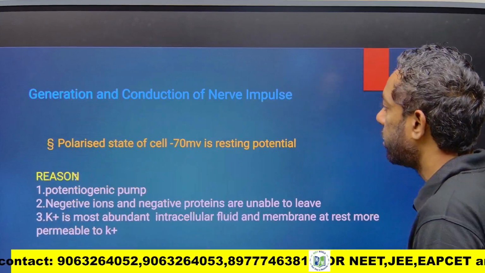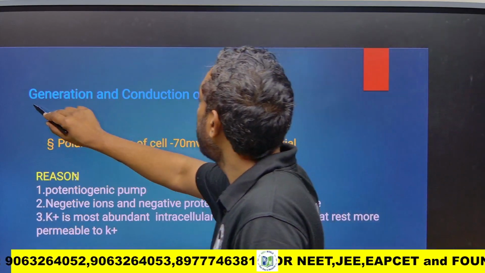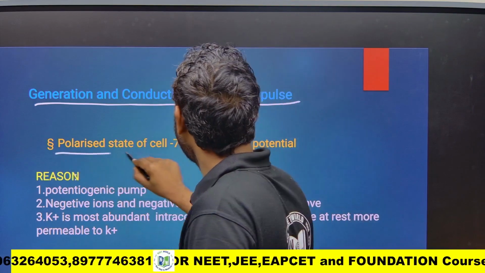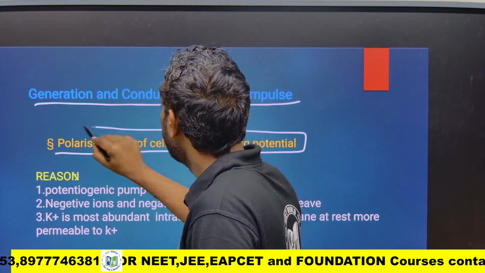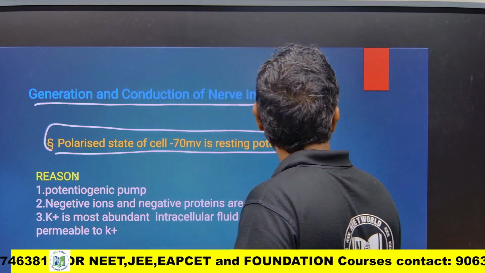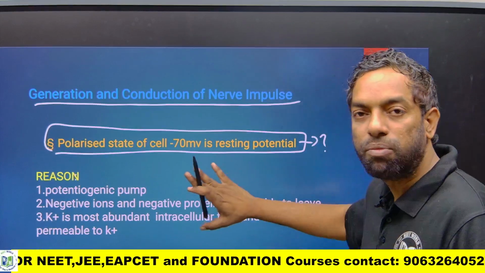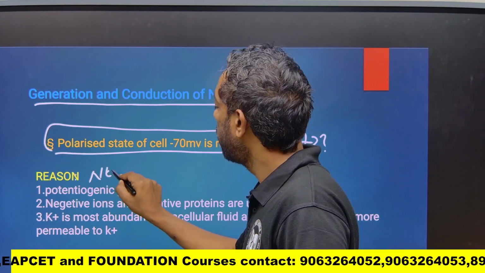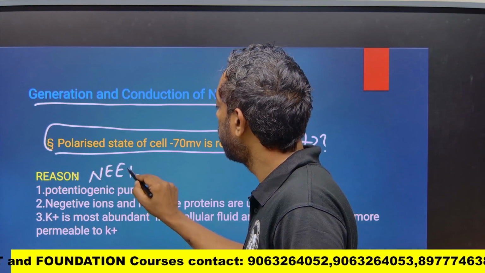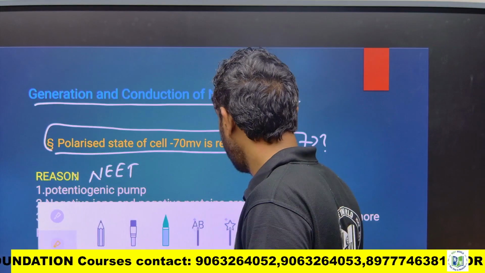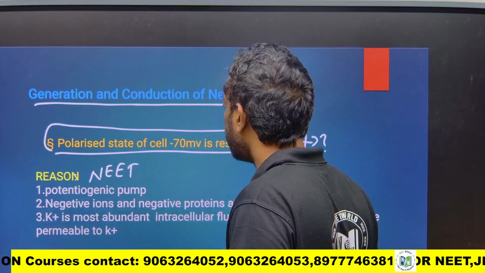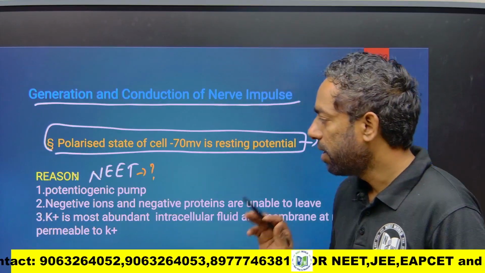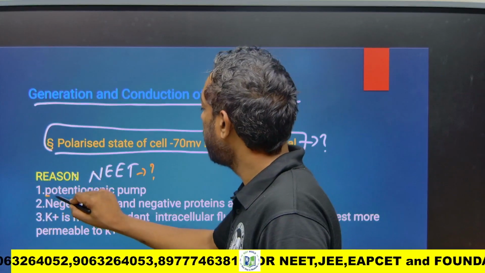Now, generation and conduction of nerve impulses: how is the polarized state, minus 70 millivolts, maintained? This is the most important for NEET. What is the reason for the resting potential being maintained?